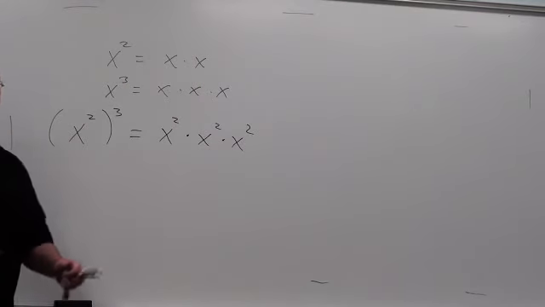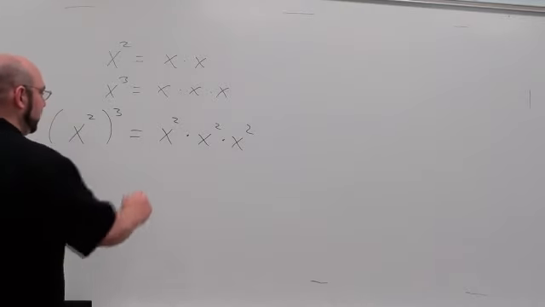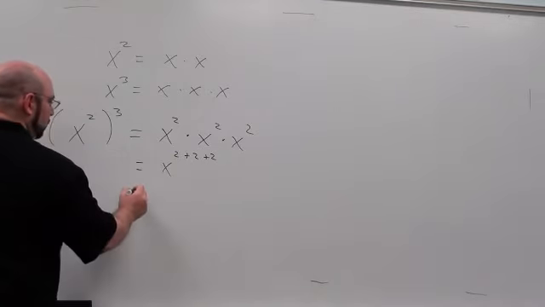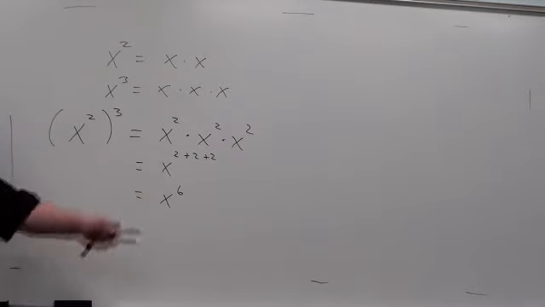From our last rule, we know that when we have same bases, we add up our exponents. So this becomes x to the 2 plus 2 plus 2, which is x to the 6th. This is one way to do it.